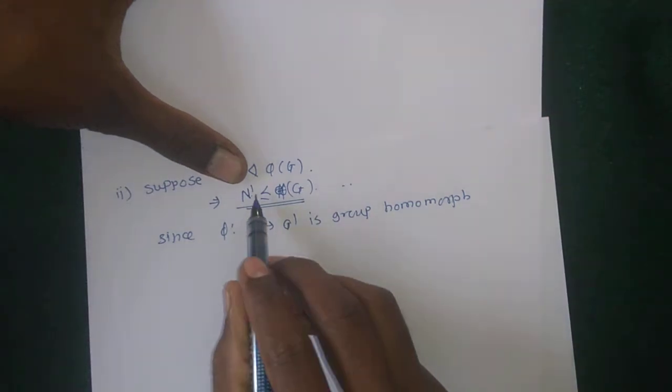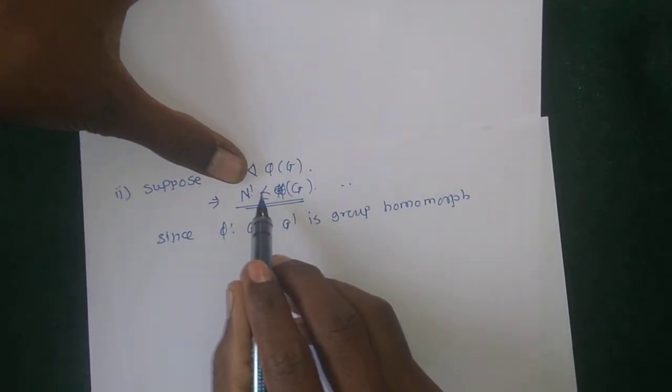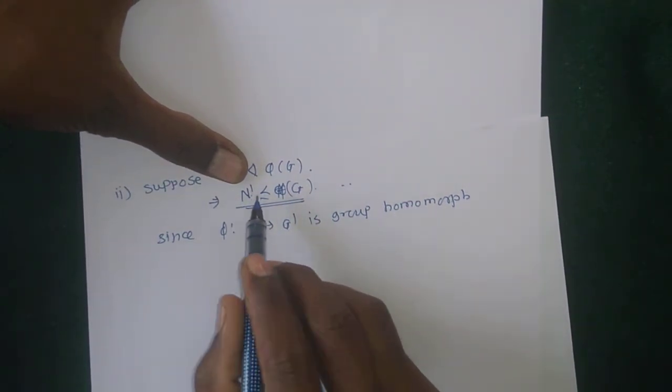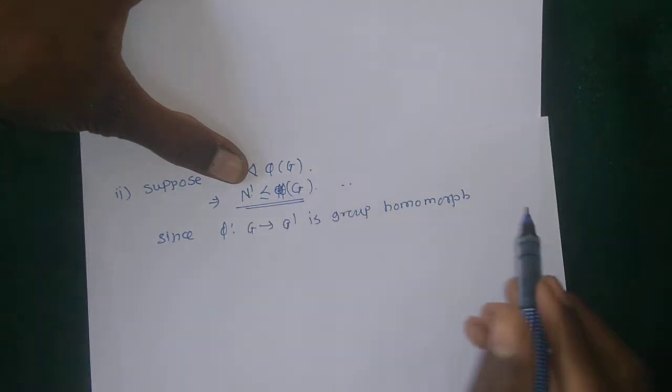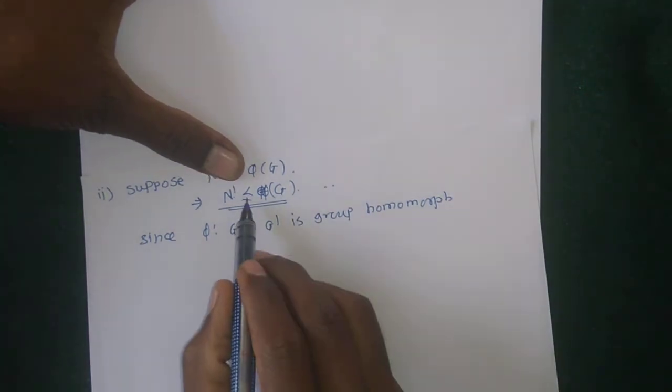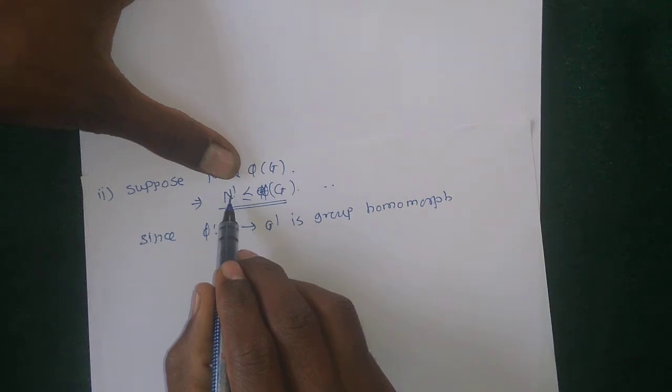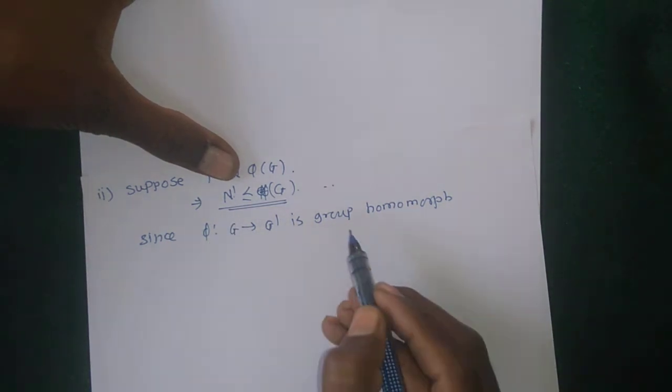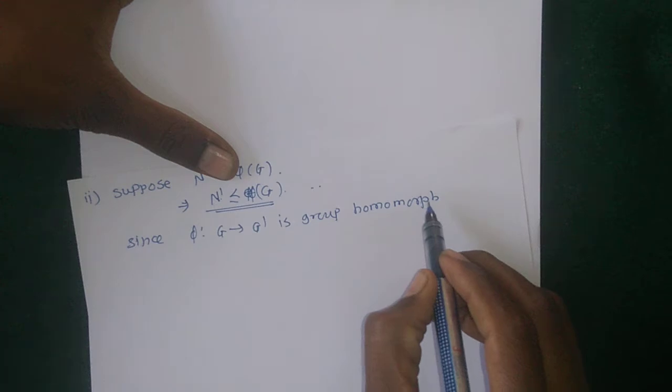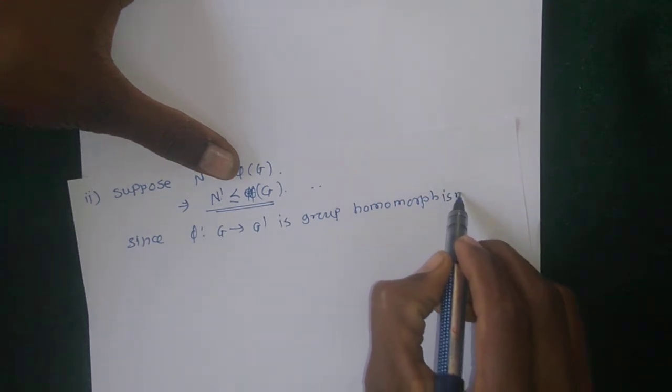First to show that the inverse image of N dash, phi inverse of N dash, is a subgroup. For showing the inverse image of N dash is a subgroup, we use the homomorphism condition, phi from G to G dash is a group homomorphism.